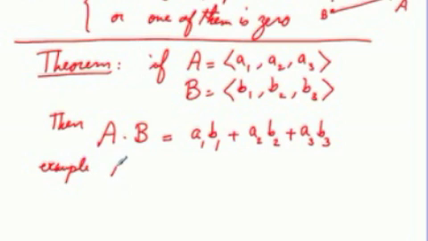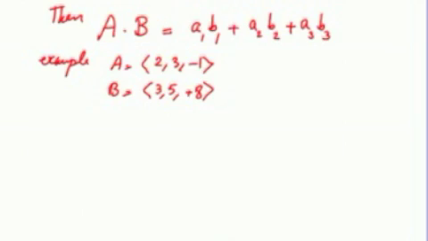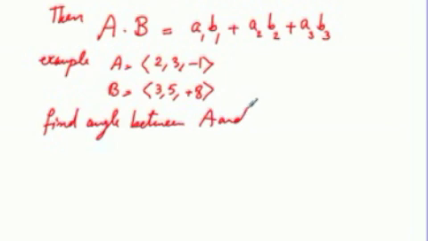Suppose I have a vector A, which is 2, 3, minus 1, and vector B, which is 3, 5, plus 8. I ask find angle between A and B. Finding angle by drawing is going to be really hard.